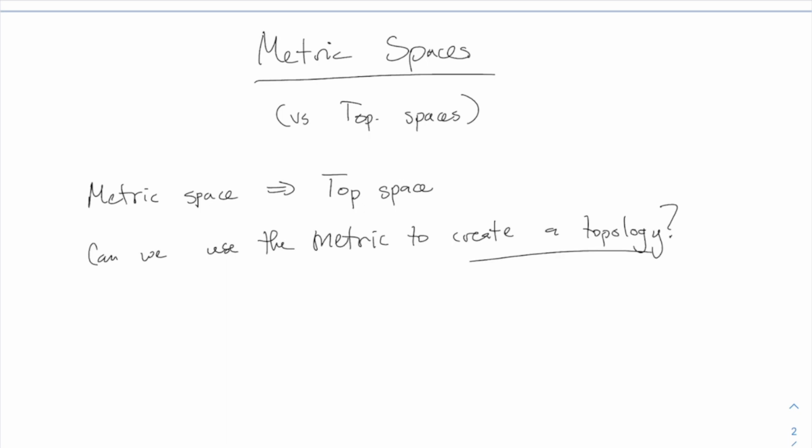When you say create a topology, you have to describe to me what are the open sets. And if you have a metric, you can use the metric to create the balls. And those balls are the open sets in the topology. So that's the basic idea for converting a metric space into a topological space: can we use the metric to create a topology? The answer is yes. We can define the ball around x of radius epsilon.